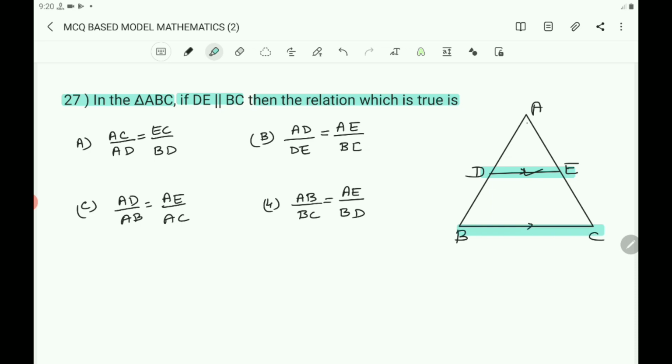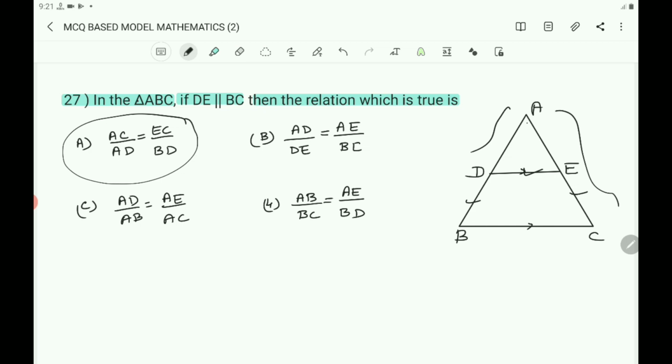We have to find the correct relation here. Here you know that the first relation is, what is that first relation? That is AC by AD equals EC by BD. Here BD is there, here EC is there, and then AC is there, AD. There is no any relation of this type. So this is not true.